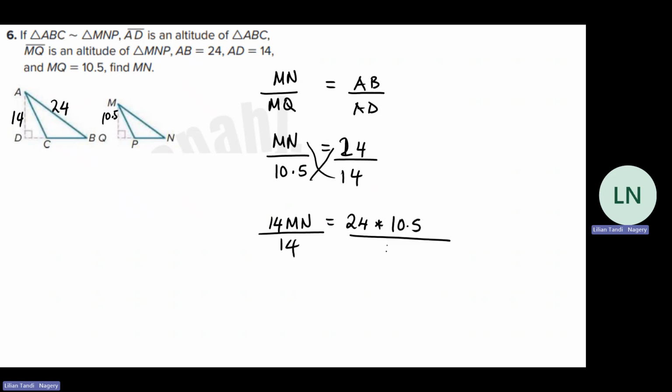Divide by 14, divide by 14. This goes away. MN equals 24 times 10.5 divided by 14, which is 18. And you box your answer.